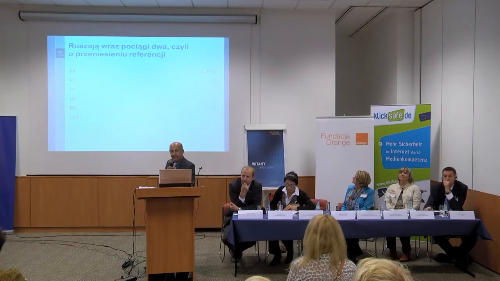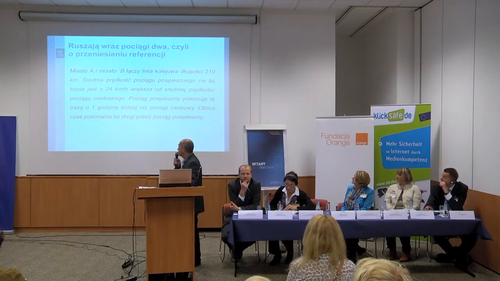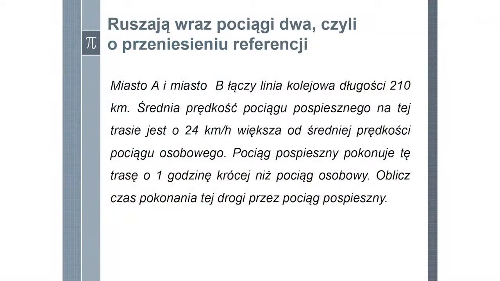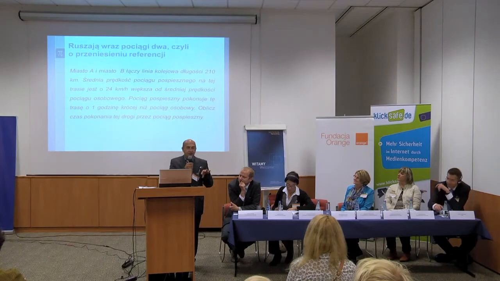And now the favorite maturity exam task about trains. It's very typical. Some of you may remember the horror of this task when first you need to find the variables which we are looking for, then create an equation, and then solve it. But what is first?